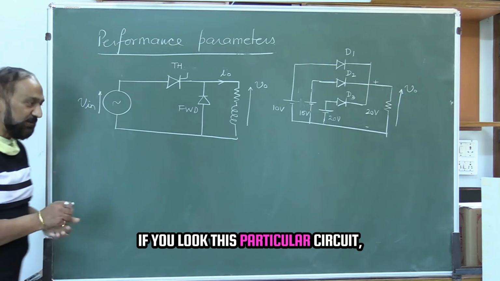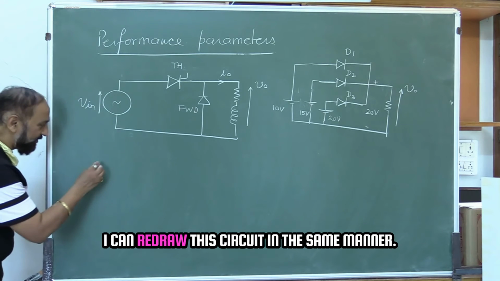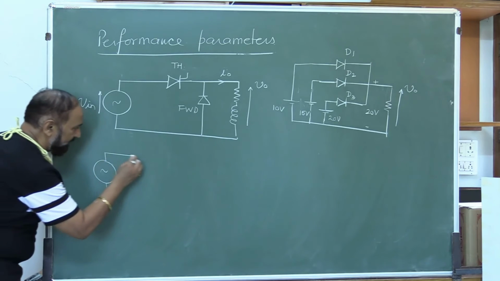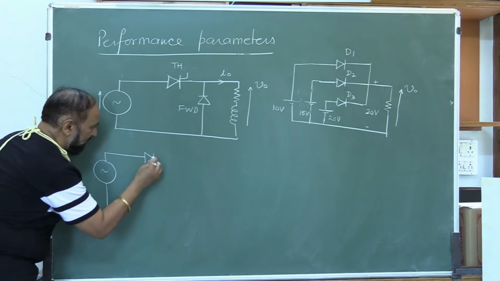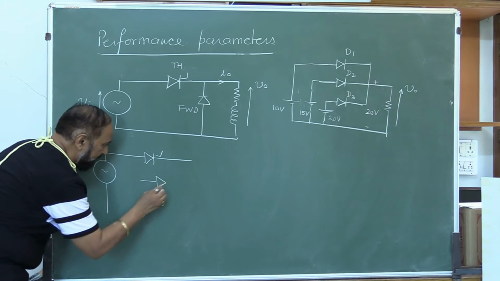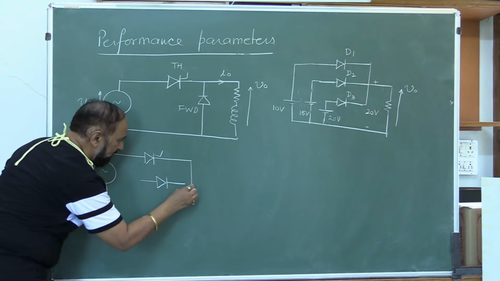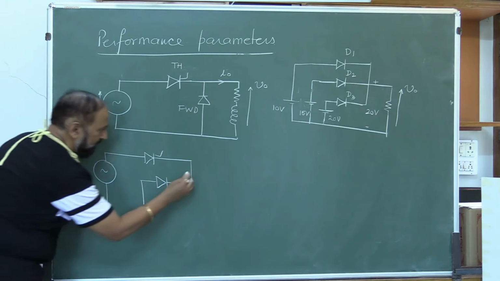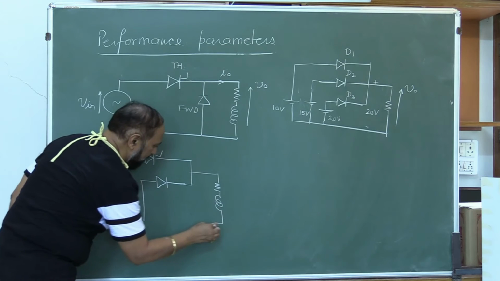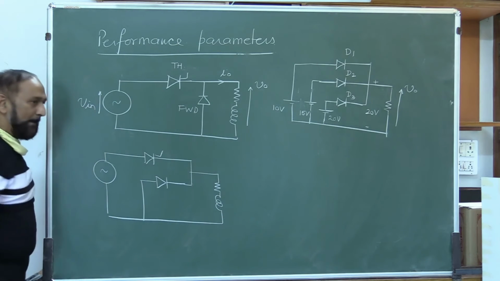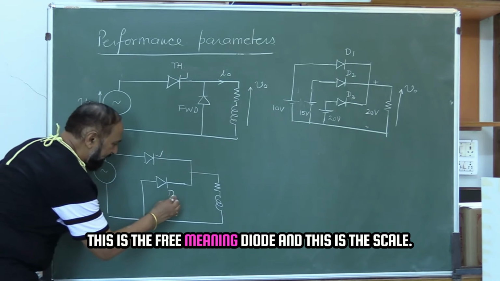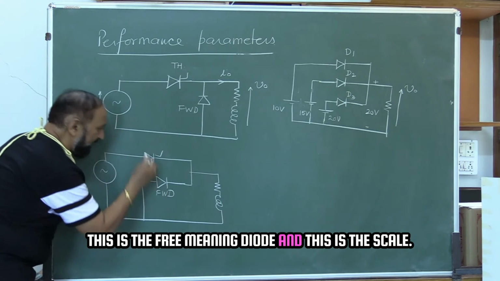If you look at this particular circuit, I can redraw this circuit in the same manner. This is the freewheeling diode and this is the SCR.